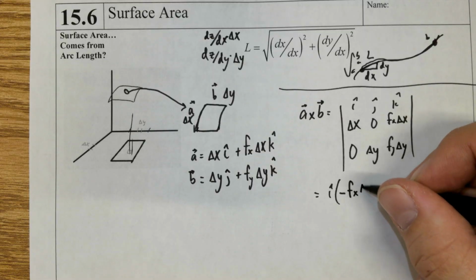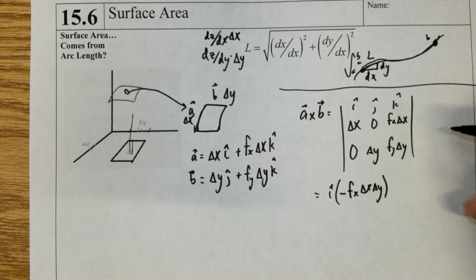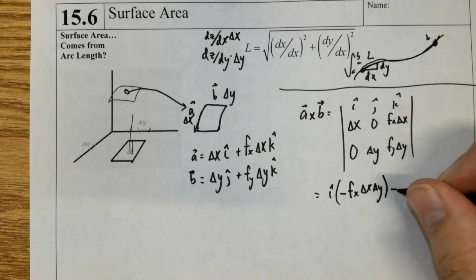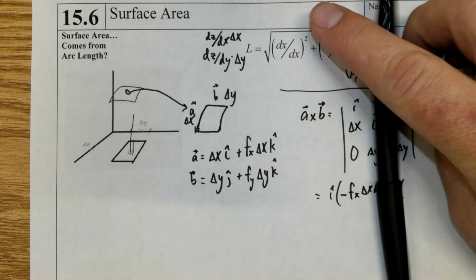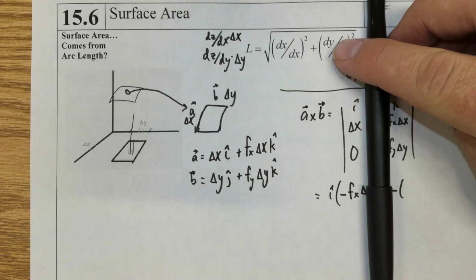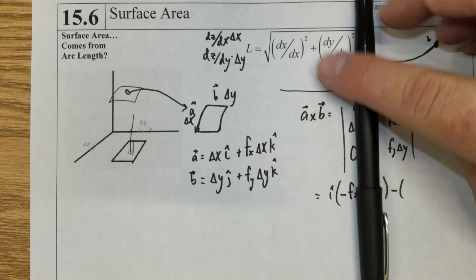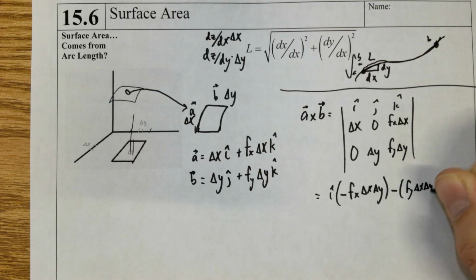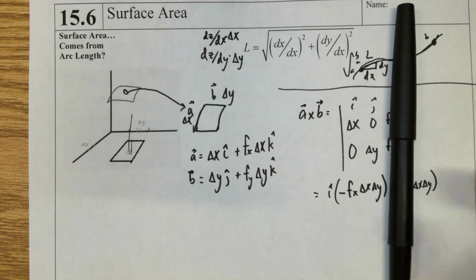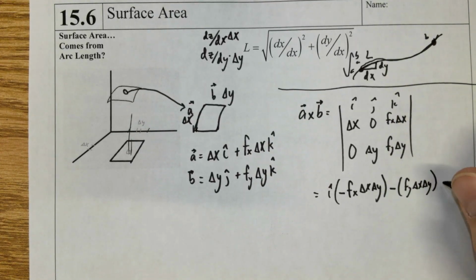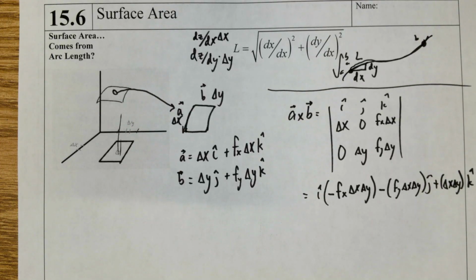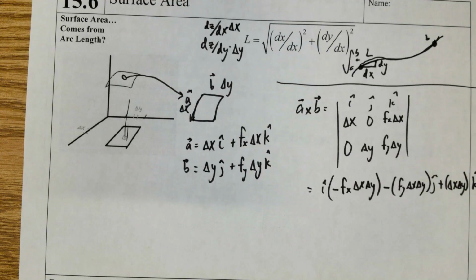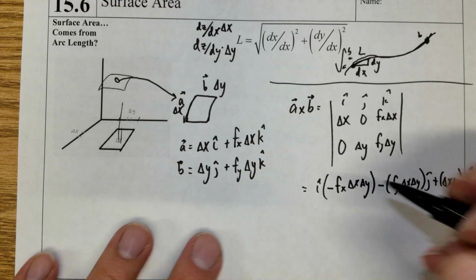Because when I do this cross product, I get negative f sub x delta x delta y, minus f sub y delta x delta y, plus delta x delta y k. And you go, okay, that looks terrible and ugly.